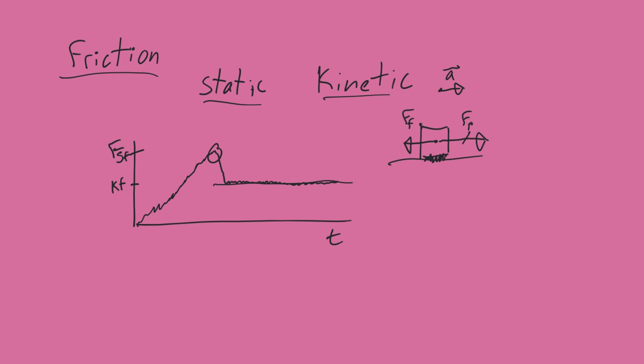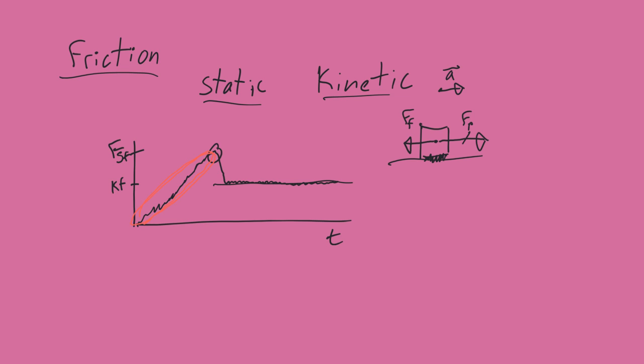Now, something I want you to notice as well is that our box has static friction all along this area, right? I can push on the box anywhere from 0 to the limit, and I will not have an acceleration.